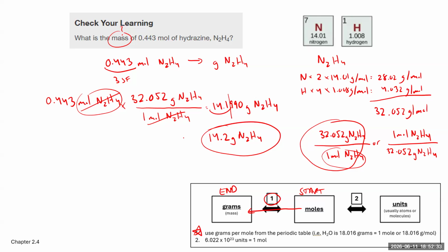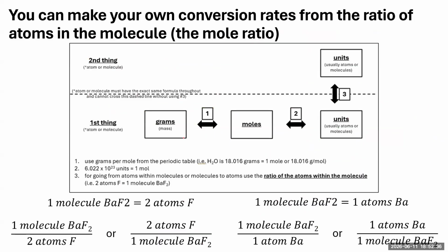Let's check it out. Now we're going to do another extra step. You can make your own conversion rates from the ratio of atoms in the molecule. Let's check that out. So here we're going to look at the ratio of atoms of hydrogen to oxygen, right? Or atoms in water to the molecule of water, right? So if we have one water molecule, how many hydrogens is that?